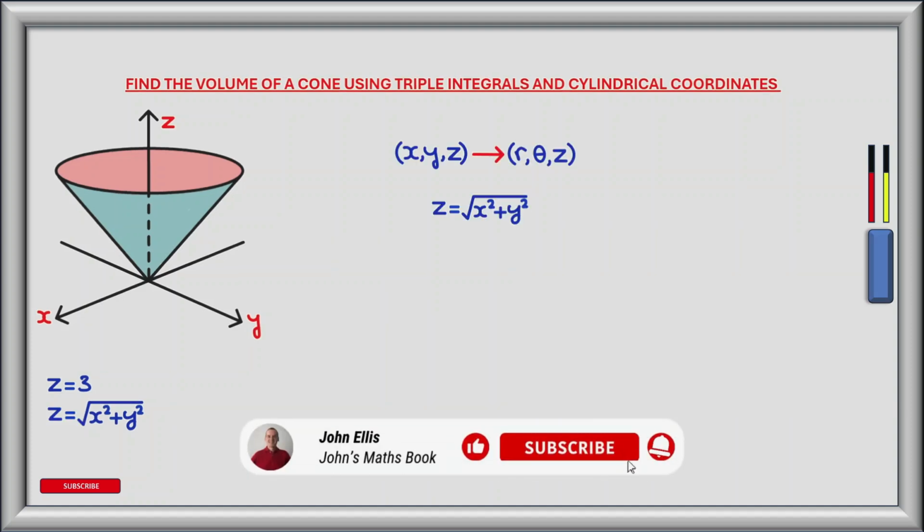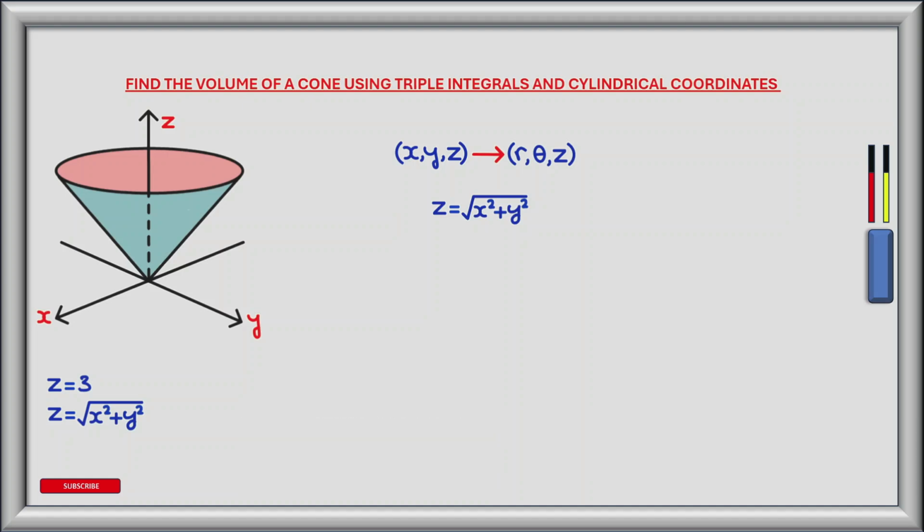So our equation in Cartesian form is z equals the square root of x squared plus y squared. So we need to go from the Cartesian system x, y and z to the cylindrical system r, theta and z. And to do this we need to substitute r cos theta for x, r sin theta for y, and z will remain the same.